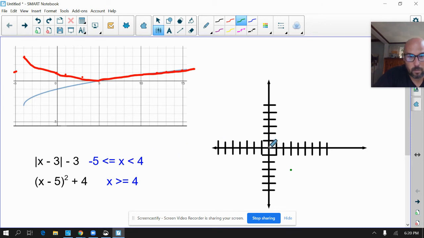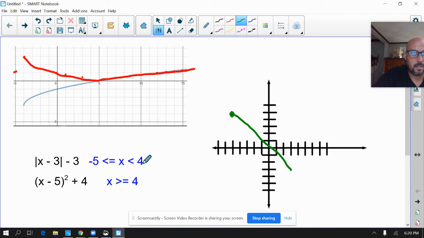So that's an ordered pair. Over 5 and up 5, and these two are connected like that. And this is a closed circle because x is greater than or equal to -5. So notice that the function exists for values greater than or equal to x equals -5.